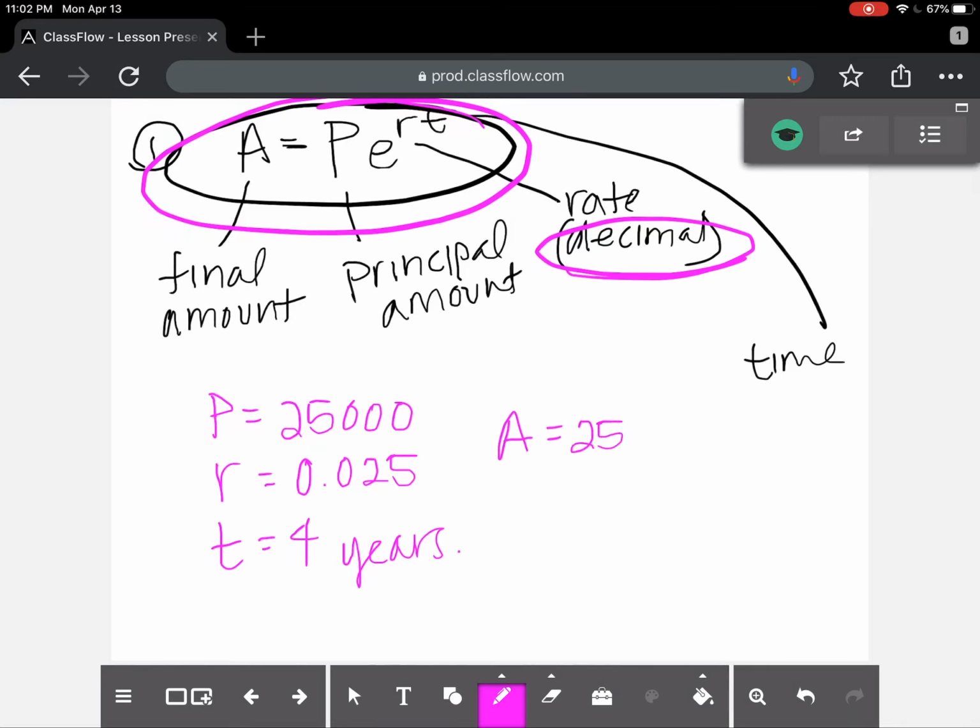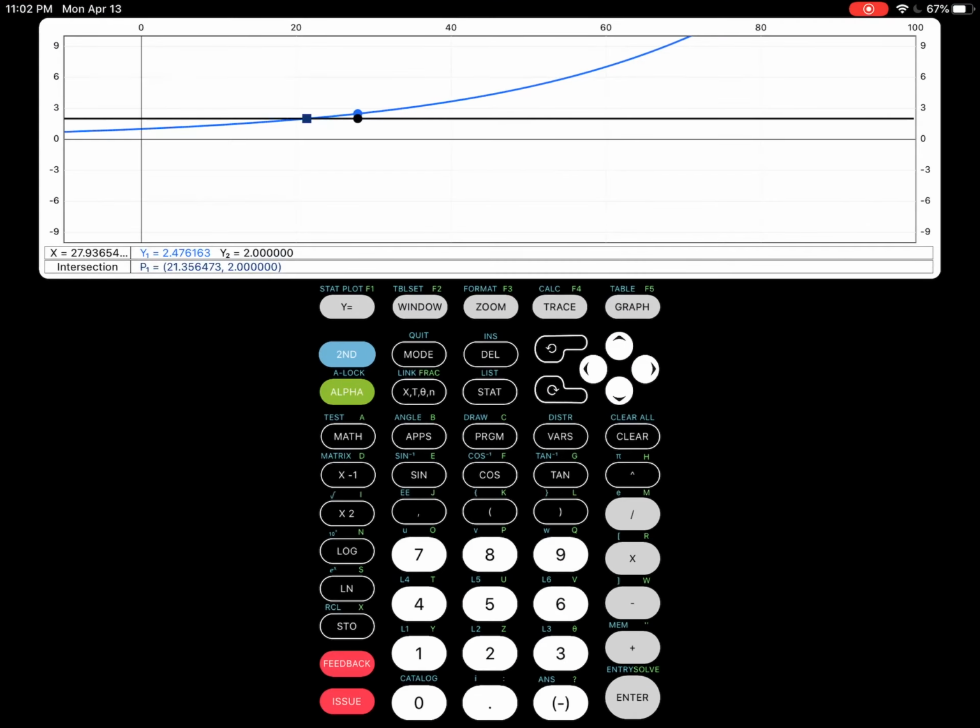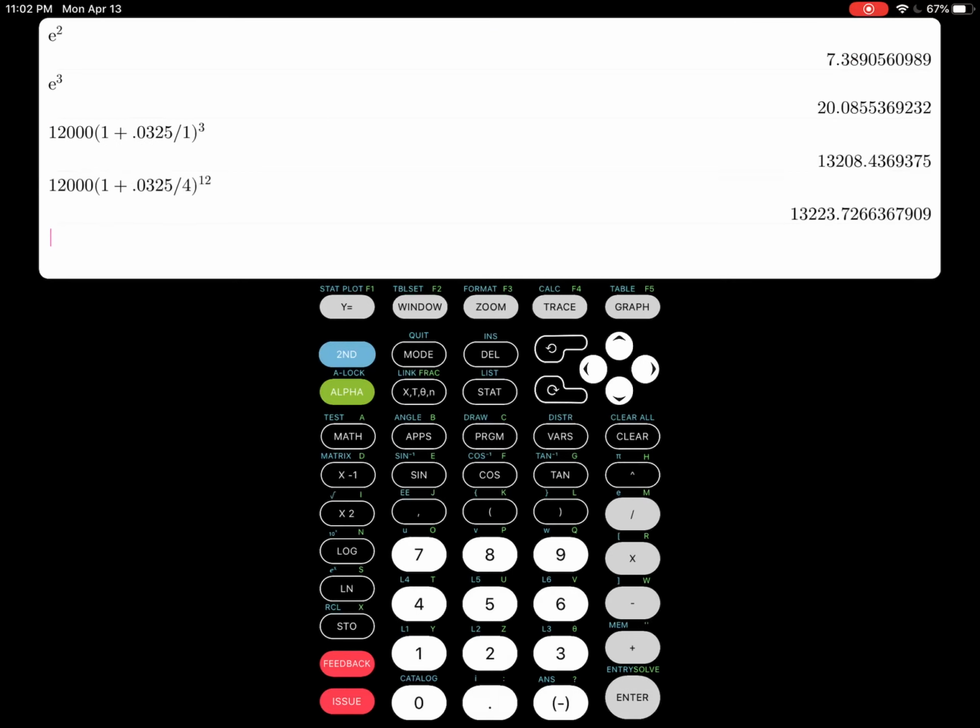So A equals 25,000 times E to the 0.025 times 4. Plug that right into your calculator. So 25,000 times E to the 0.025 times 4 power.